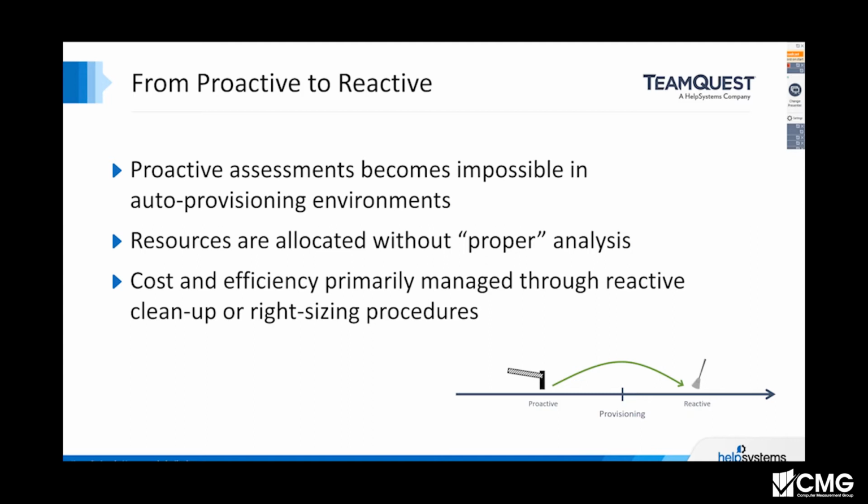So you have to accept the fact that resources will be allocated without proper analysis, proper in this case meaning capacity management having been involved. You can probably define t-shirt sizes of your instances, inform your customers and ask them to use them wisely, but that's as far as you can go.